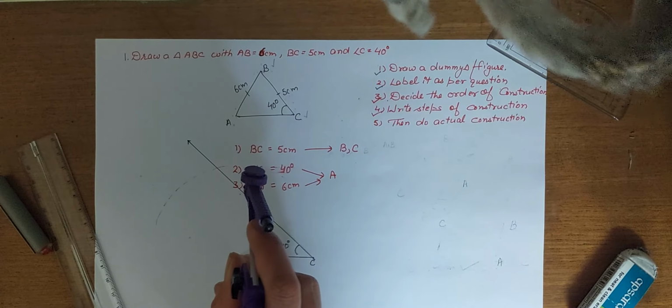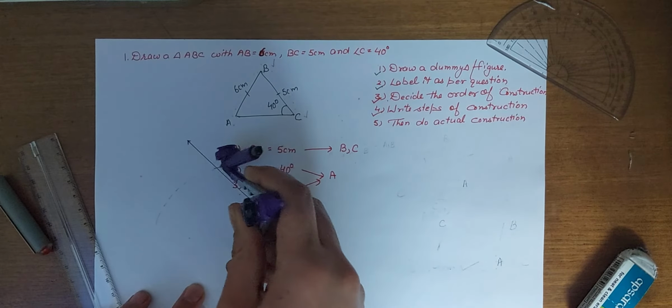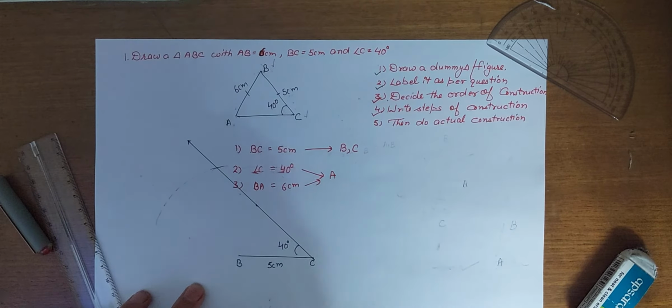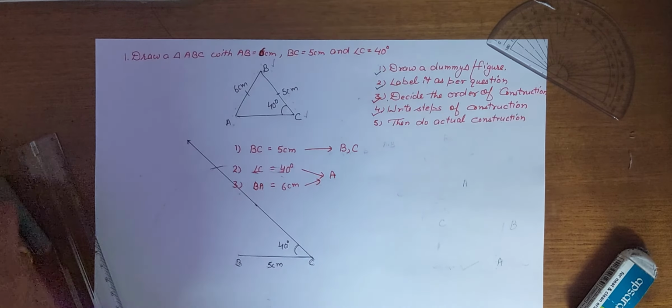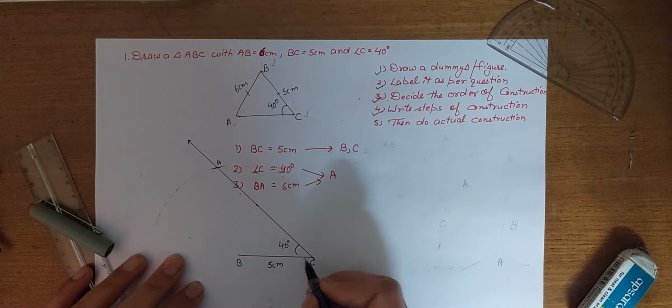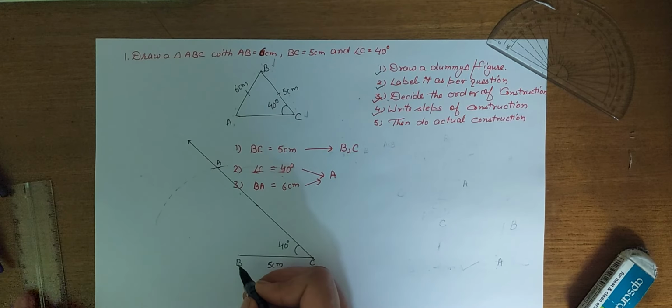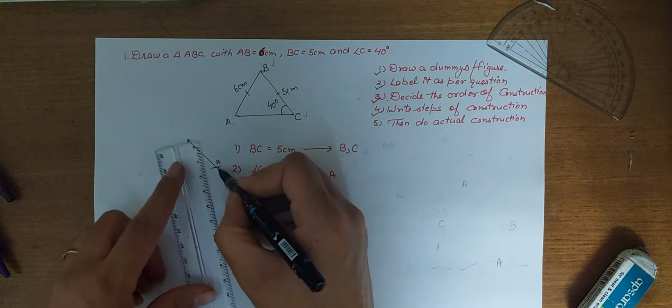But in which are we interested? We are interested in the point which is on this arm. So this is going to be our point A, because this keeps angle C equals 40 degree and it also gives us BA equals 6 centimeter.